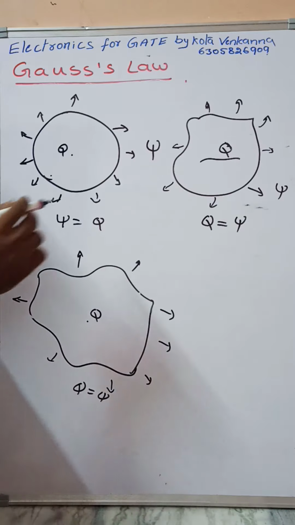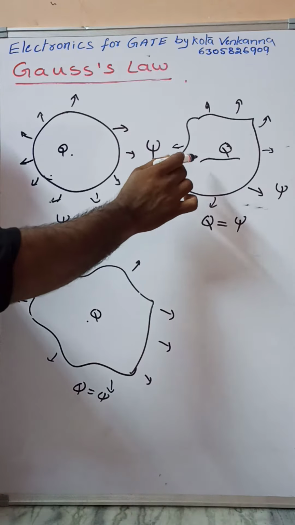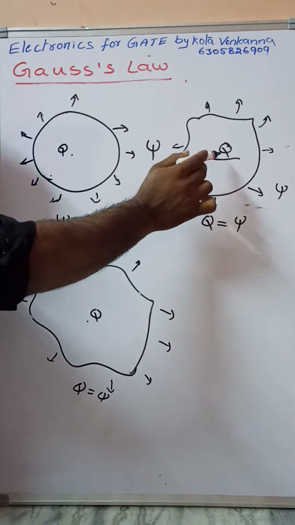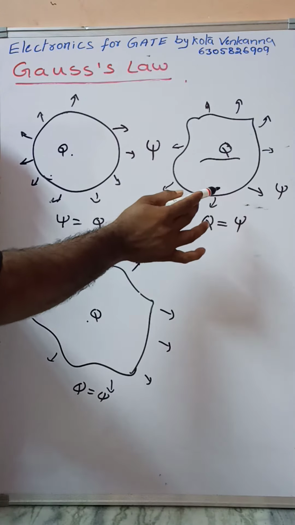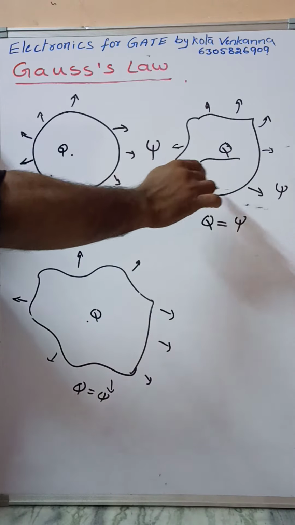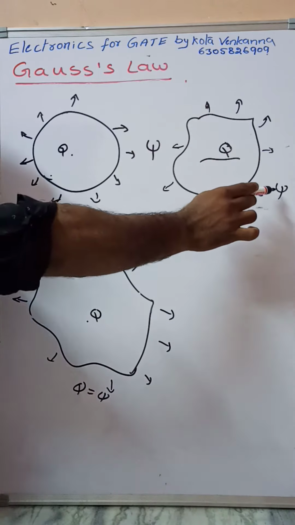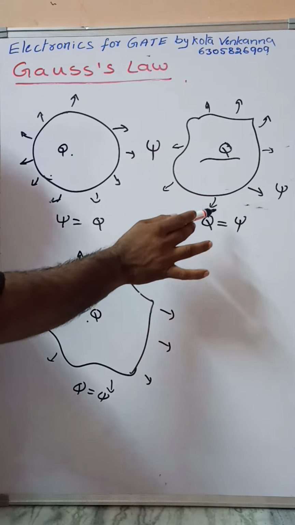Here is a point or line charge Q enclosed by a surface, which emanates flux around the closed surface, represented with psi. Here also Q is equal to psi.